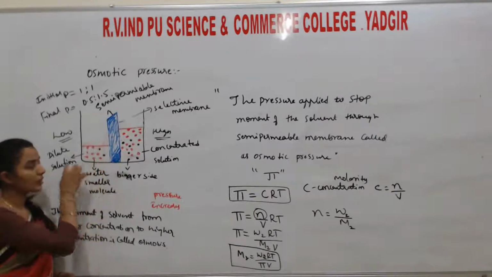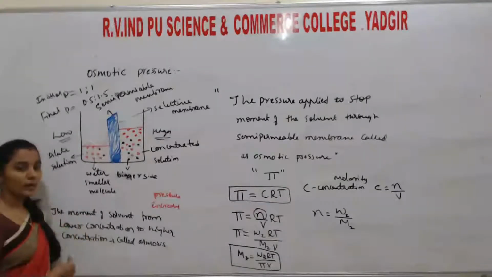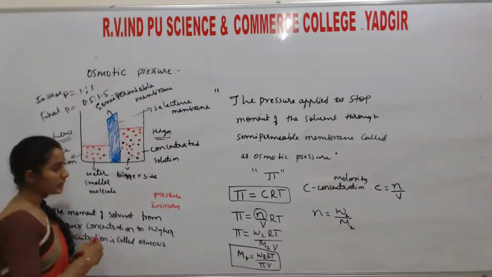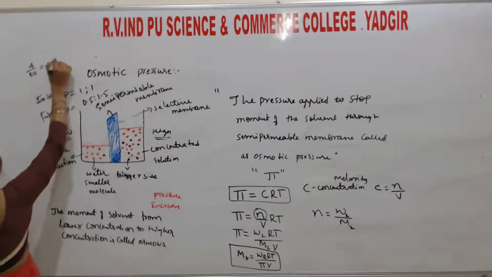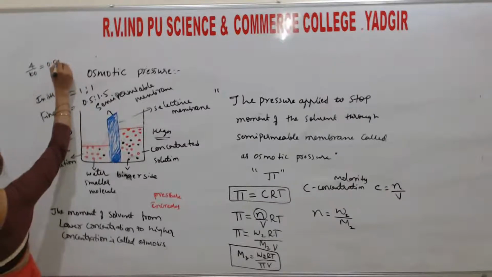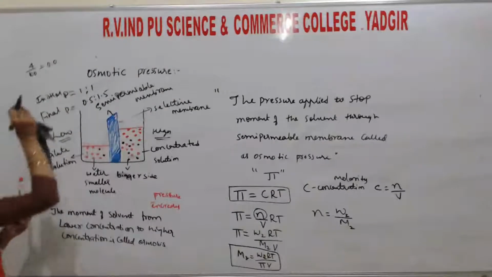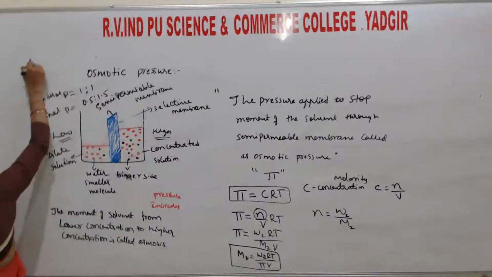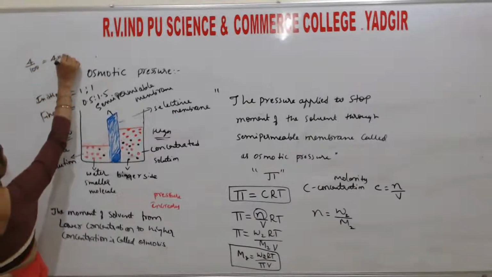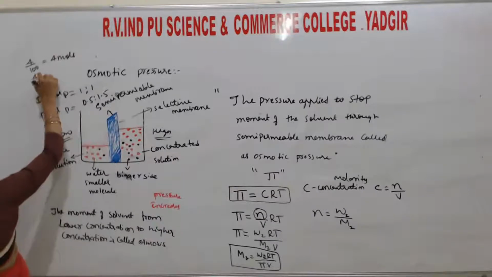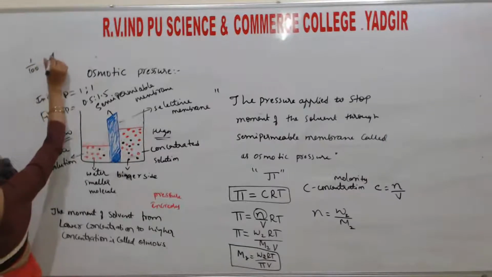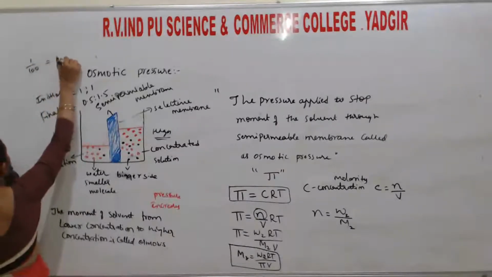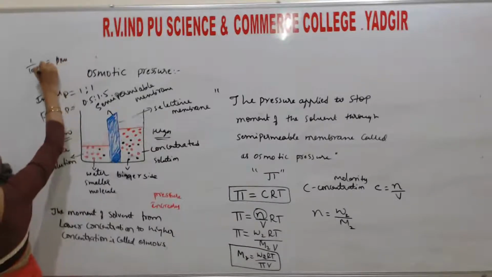Here only 2 is there, so we require a smaller amount. For example, 4 gram in 100 ml and 4 gram in 1000 ml differ, correct? 4 gram in 100 ml means 4 by 100, that is 4 moles. 4 divided by 1000 means 1 divided by 100, which is 0.1.